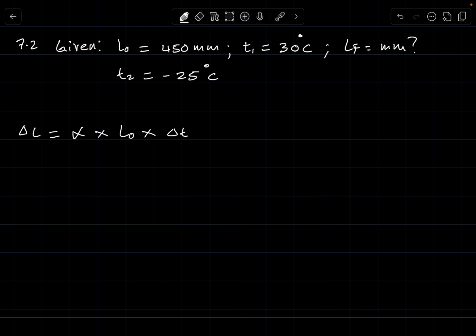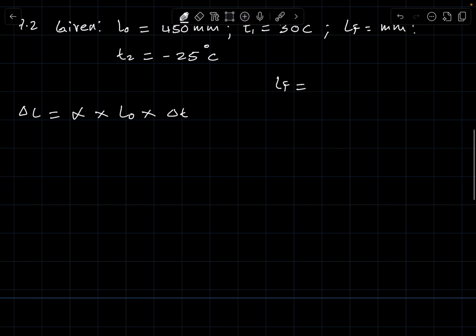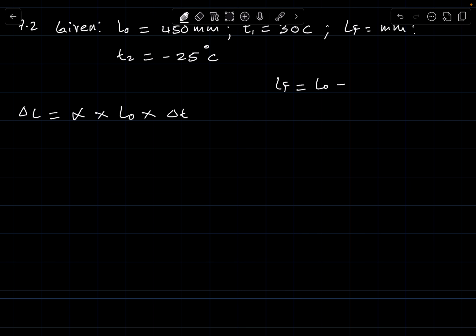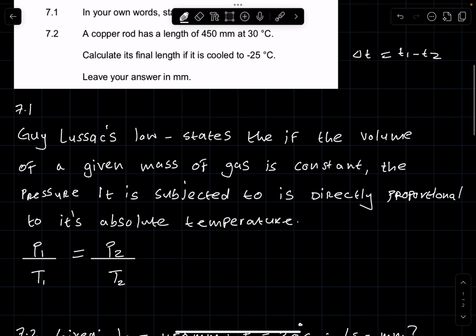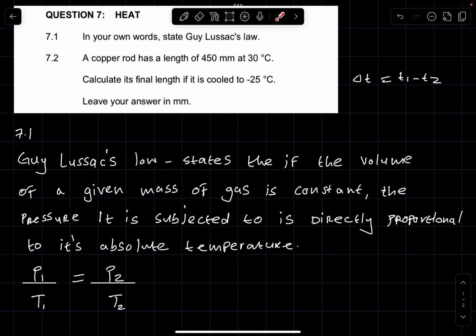The final length, because this is contracting, will be equal to the original length minus the change in length. So we first calculate the change in length because we already have the original length. The coefficient hasn't been given in the statement. Like I said, your coefficients or constants are always at the back of the question paper.